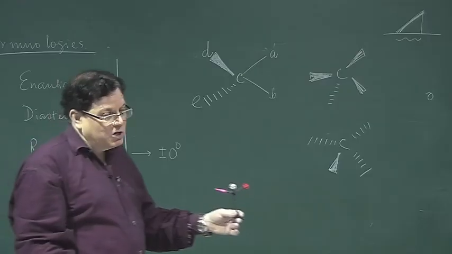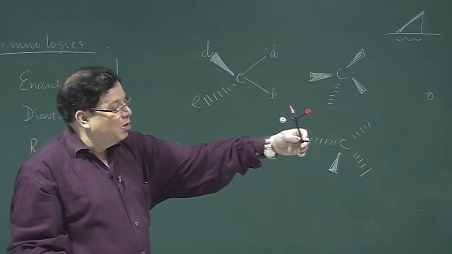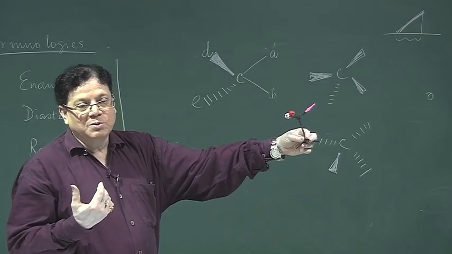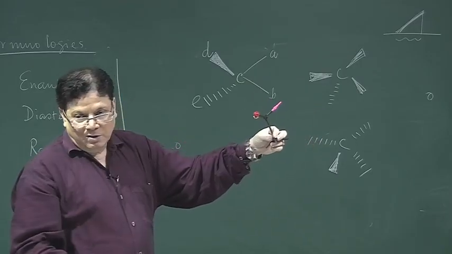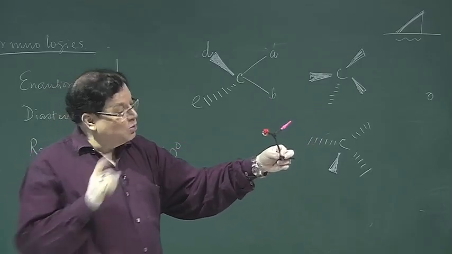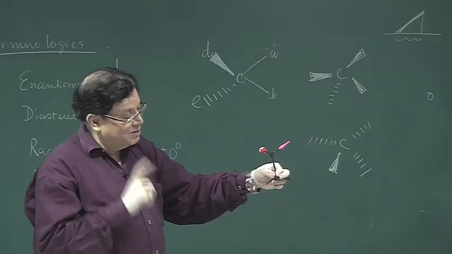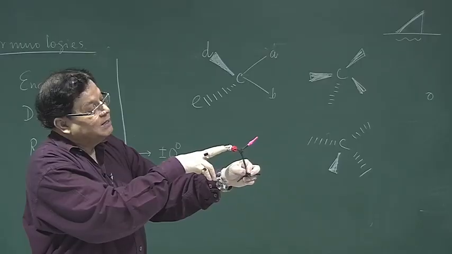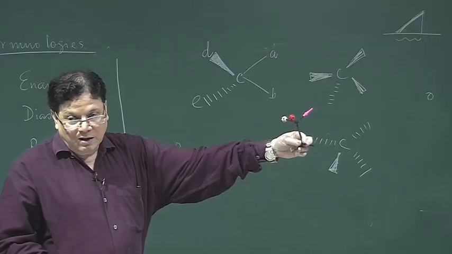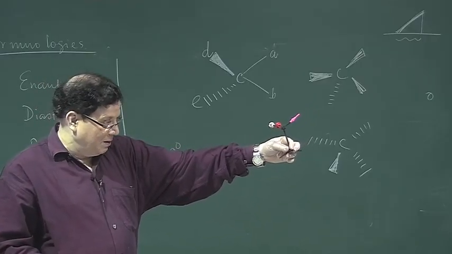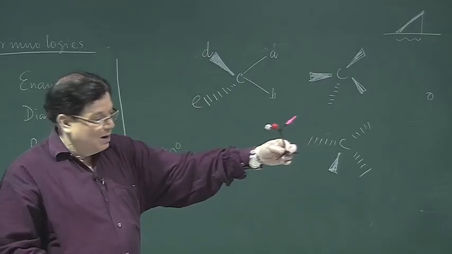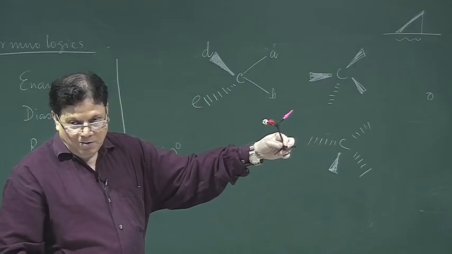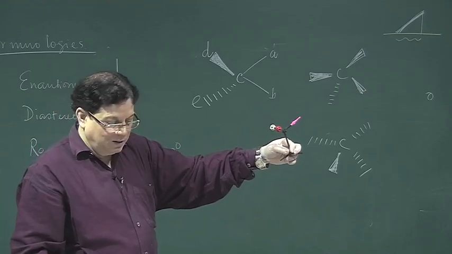So, when you draw a Fischer projection formula, you view the molecule in such a way that 2 bonds are facing towards you and 2 bonds are going away from you. But there is another restriction put in Fischer projection: the bonds which are towards the observer should be in the horizontal direction, and the bonds which are away from the observer should be in the vertical position.